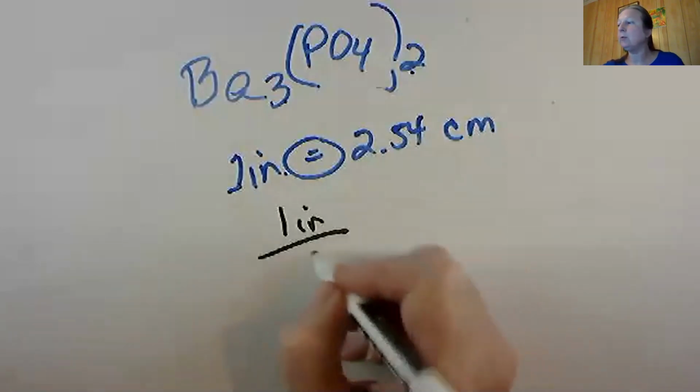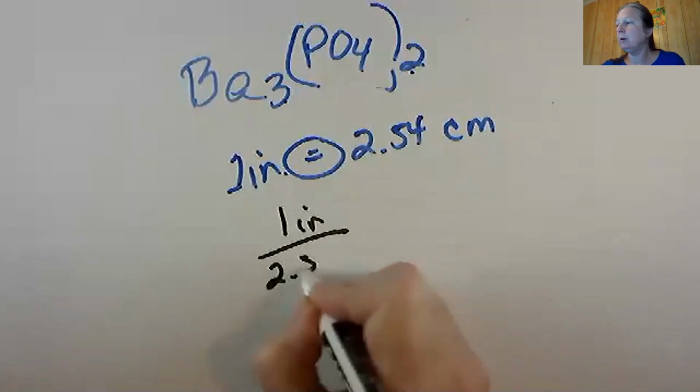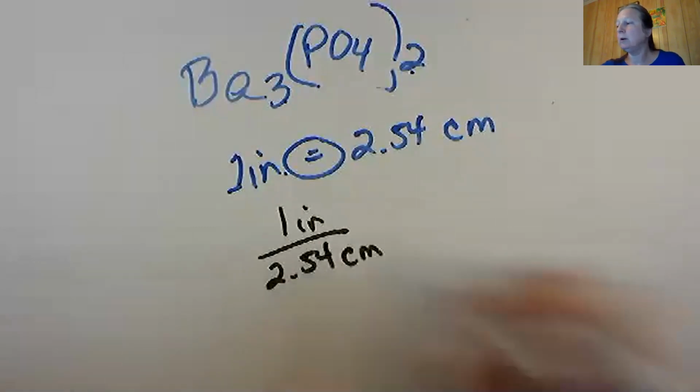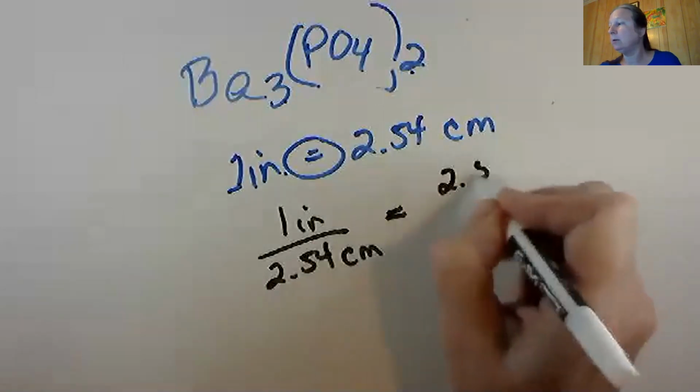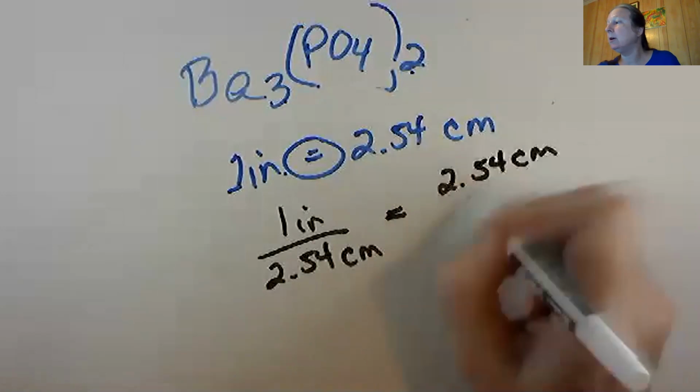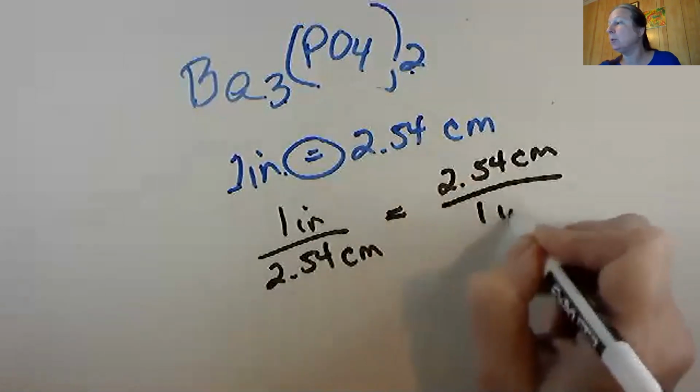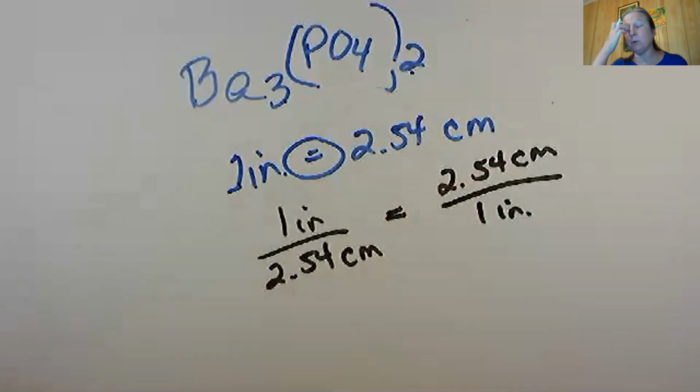A fraction is a ratio. Like that. Or we can write it the other way. It doesn't matter. As long as your relationship is correct, your numbers are correct, it doesn't matter which order you write it. The order you write it will depend on how you're using it, what you're converting.